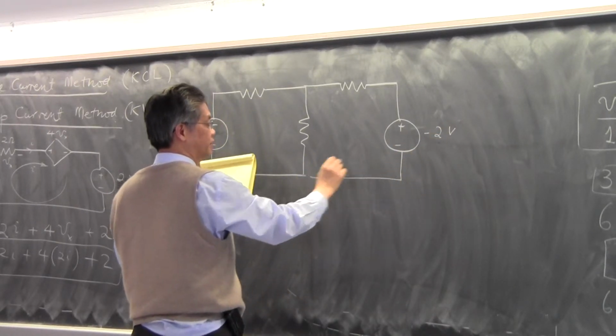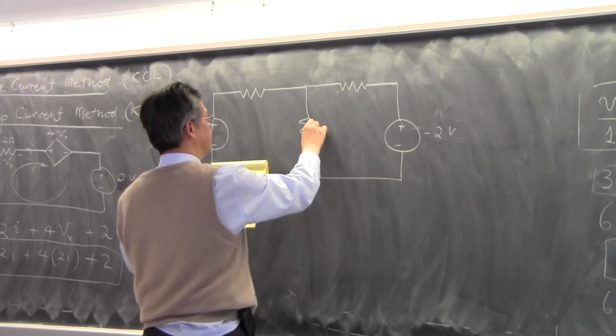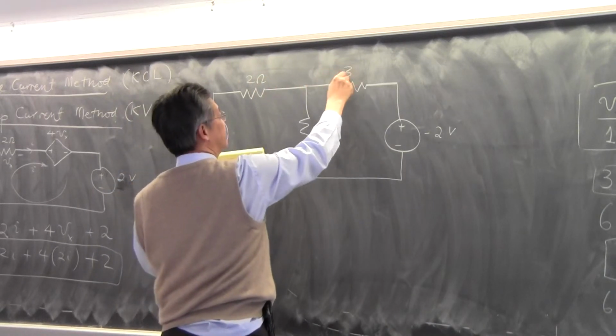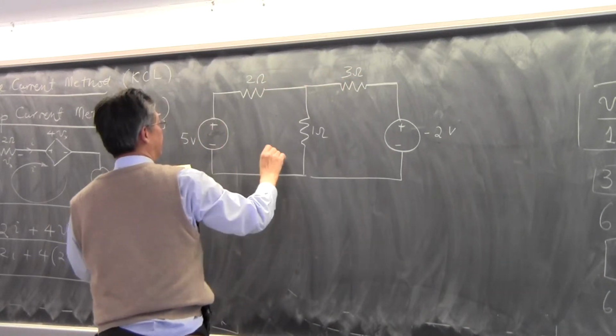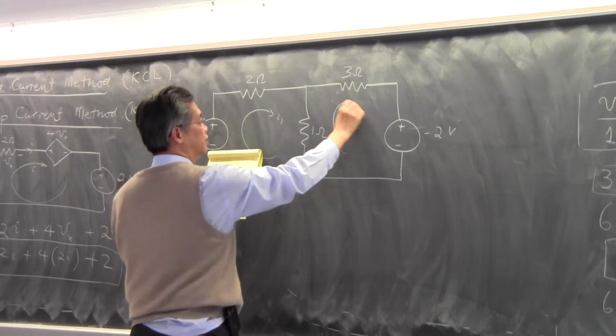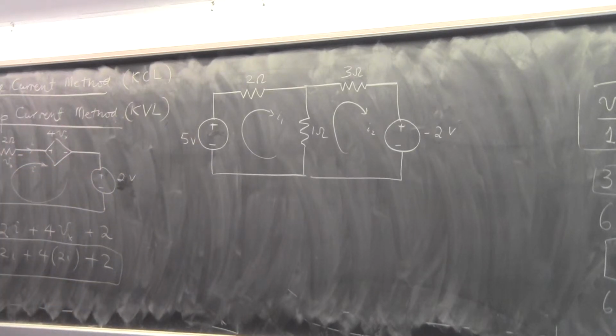And you know what this means: minus 2 volts means that this is actually lower in voltage. This is 1 ohm, this is 2 ohms, this is 3 ohms. And this is I1, and this is I2. Let me see if I get those numbers correct.